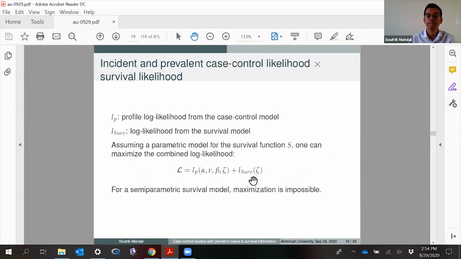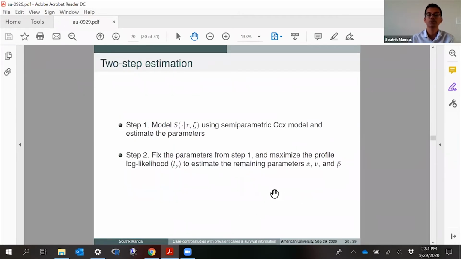So this will be our step 1: we will estimate zeta and then fix the value of zeta to get the estimates for alpha, nu, and beta. And our main interest is in beta. So let's go into the details of each step.